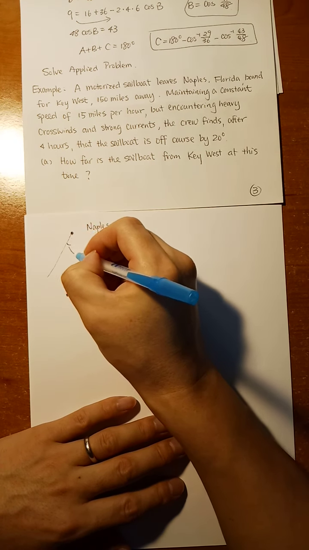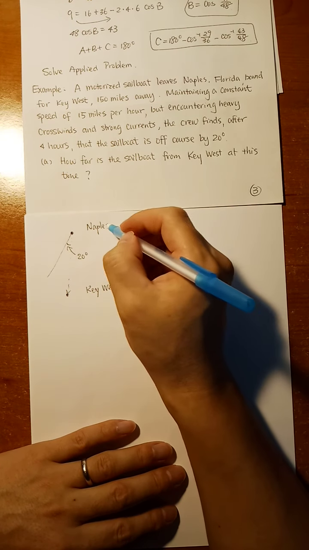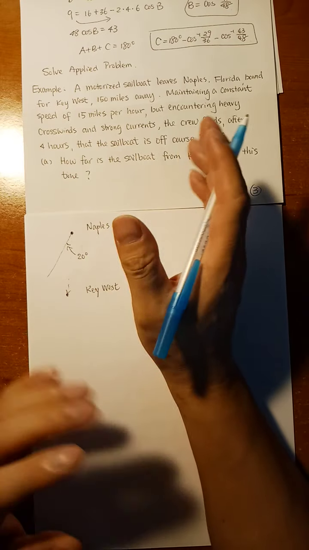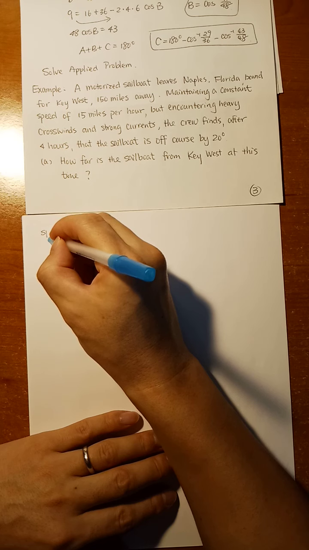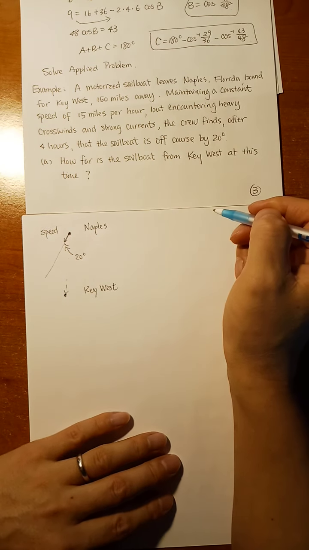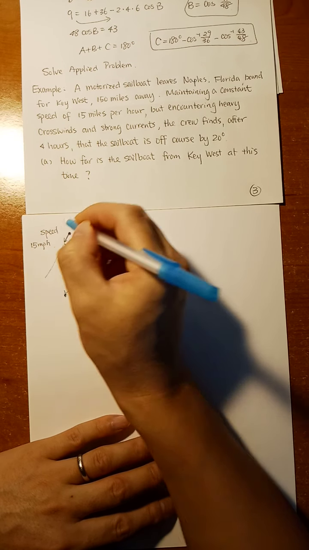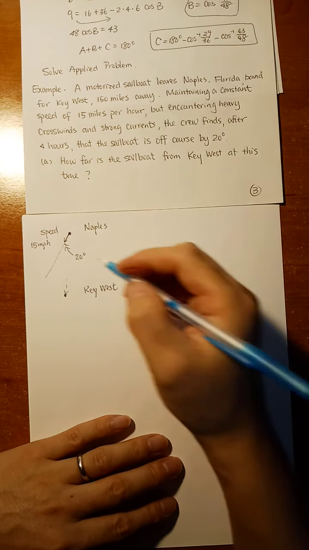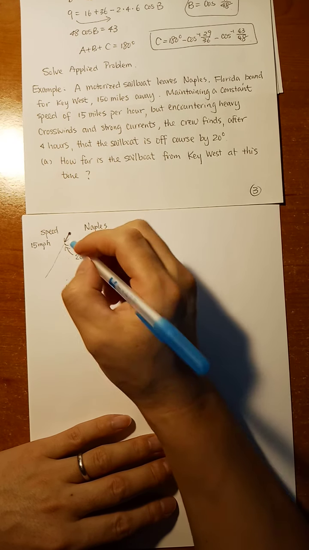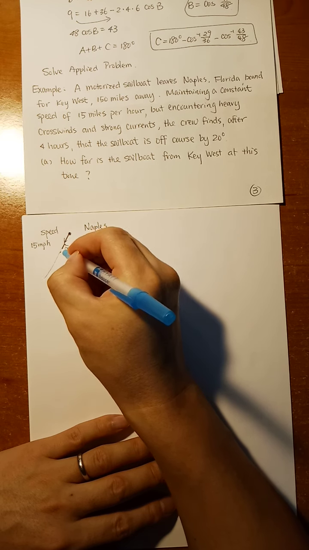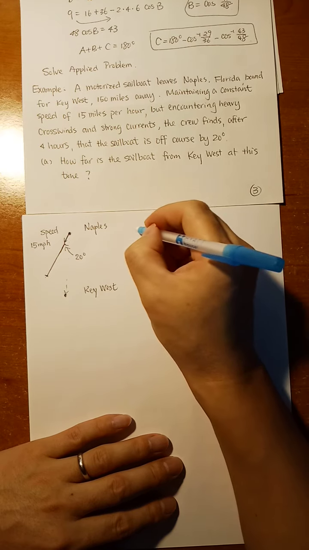So this is 20 degrees. And for the boat, it doesn't care about the direction. The speed is constant. What is the speed? 15 miles per hour. So it's 15 miles per hour, and the boat goes 4 hours. After 4 hours, so this is 4 hours, the sailboat.